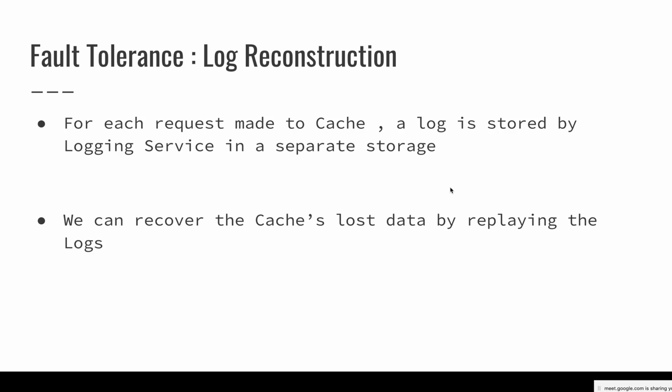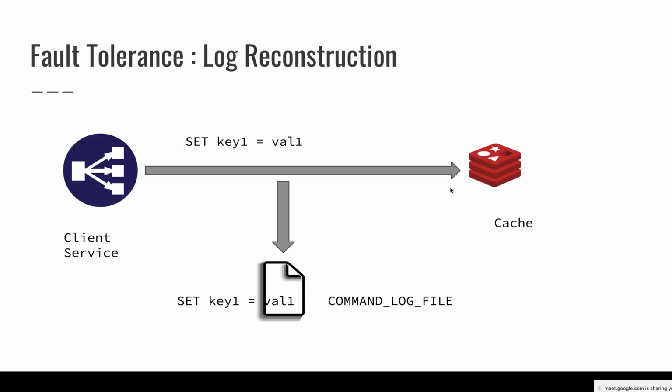Now, once you have this command log file ready, what will happen in case the cache is lost? Can we not simply replay back all the commands from this command log file, and that will populate the cache again?